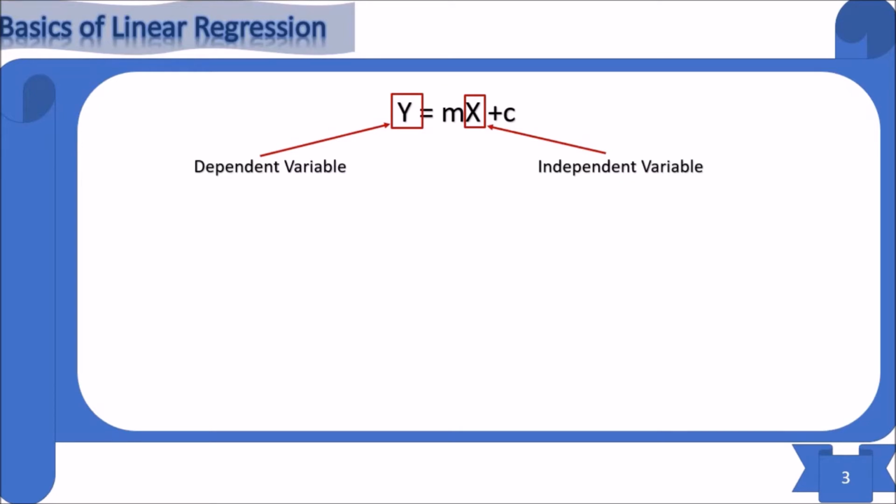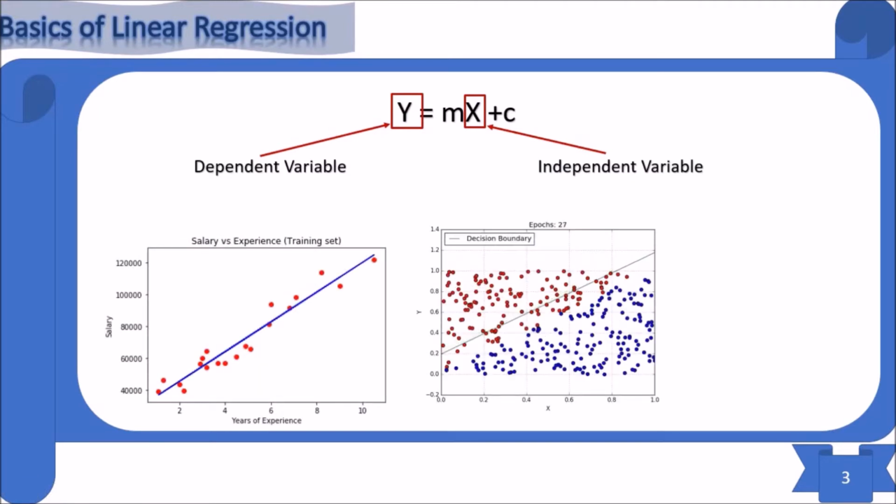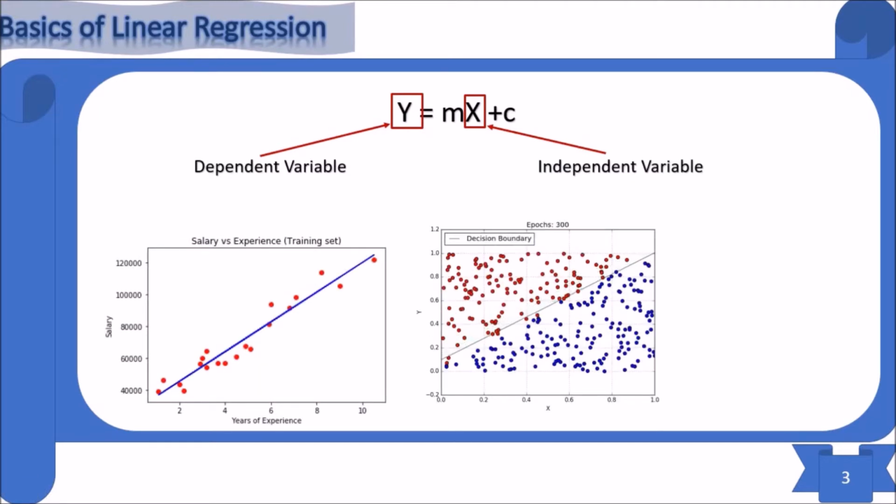Okay, so we have considered an example of an equation. Here you can see the equation of your line, from which we say that y is your dependent variable and x is your independent variable. Look at the graph: we have values of x and values of y. If x increases, the values of y also increase.